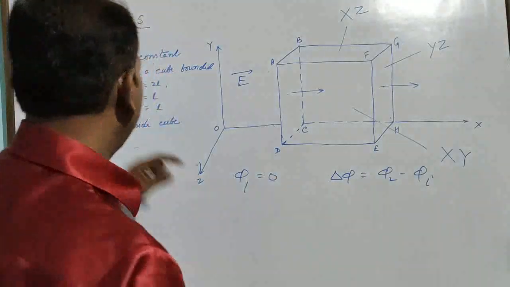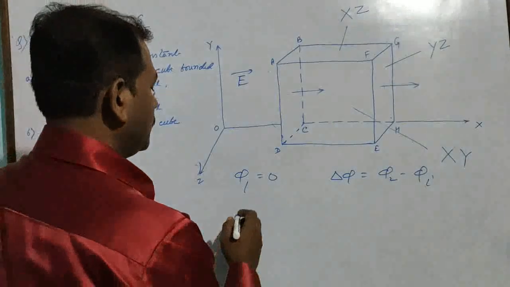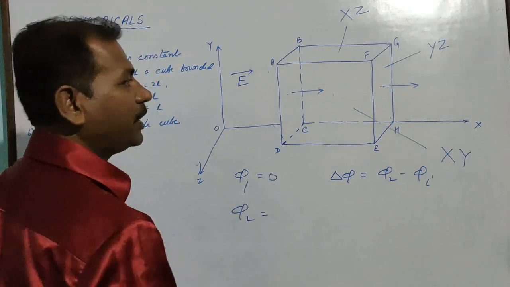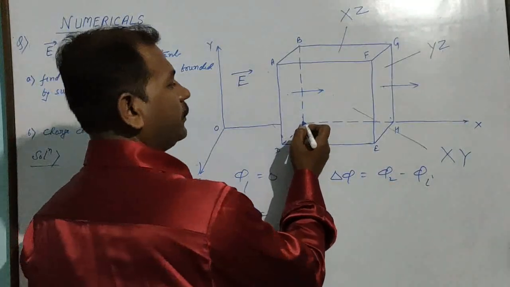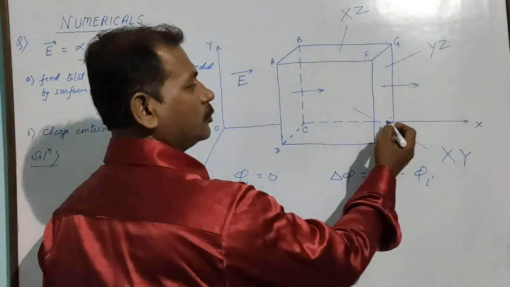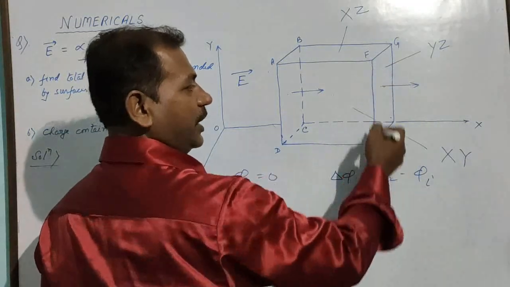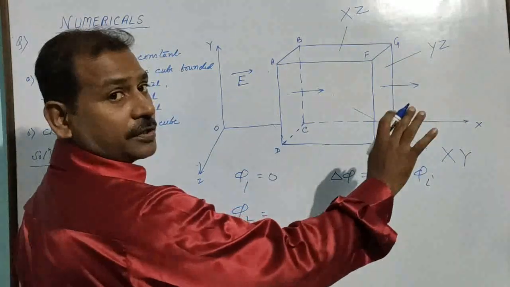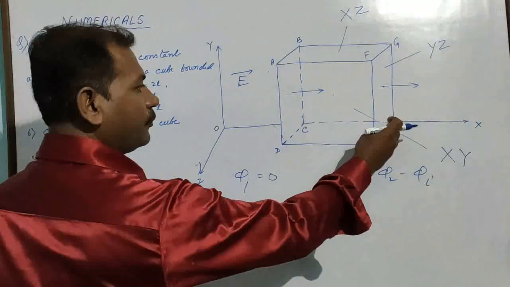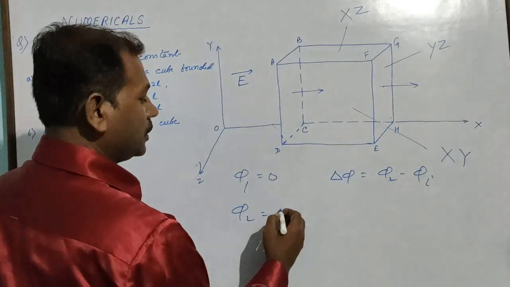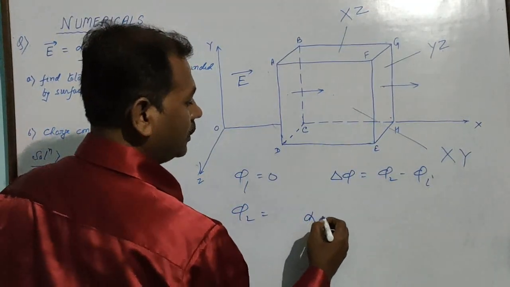But remember, still field intensity is acting along the x-axis. So phi2, in that particular case, you have to calculate with the same method, that it will start from this particular place. What will be the field intensity here? Now, this is the area vector, so multiply it with that. I don't think there will be any problem if you want to calculate the field intensity here, because field intensity at this particular point will be alpha.